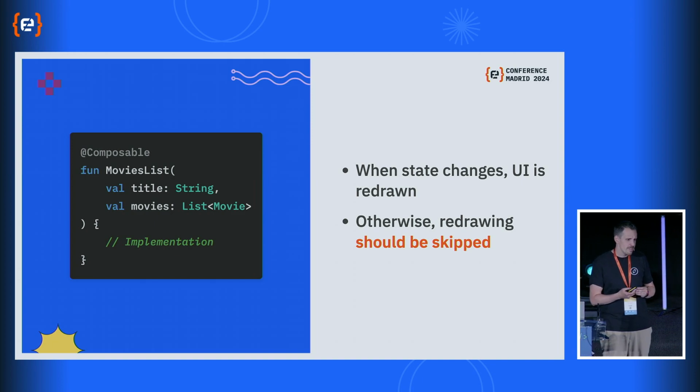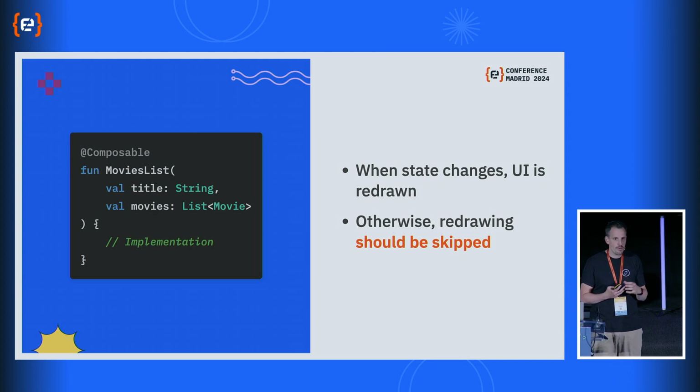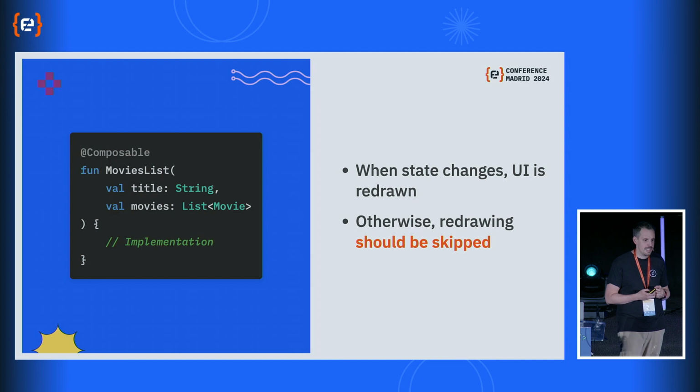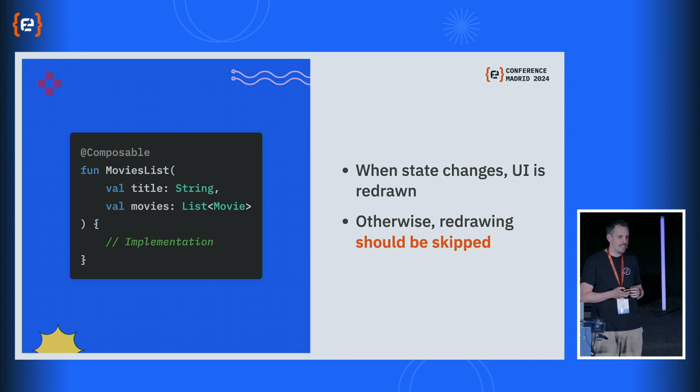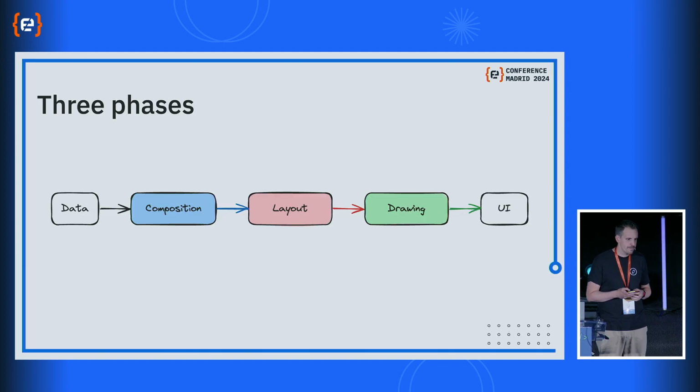So we want the parts that are not modified to not be redrawn when a small part in our screen needs to be updated because its state has changed. So this is the main issue we need to face, or in particular the compose runtime needs to face when it's redrawing parts of the UI.